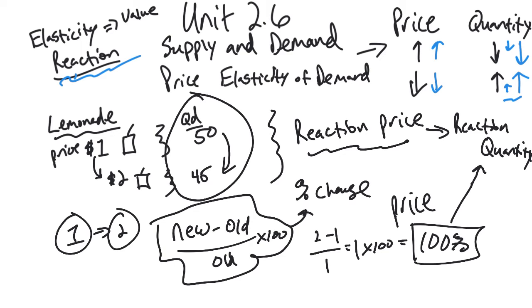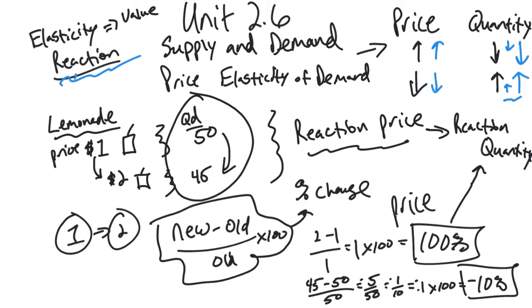We have a new quantity of 45 minus 50, divided by 50. So this is going to be 5 over 50, which is the same as 1 over 10, which equals 0.1, times 100, equals 10%. Technically, it would be negative 10%, since this was negative 5 and negative 0.1.